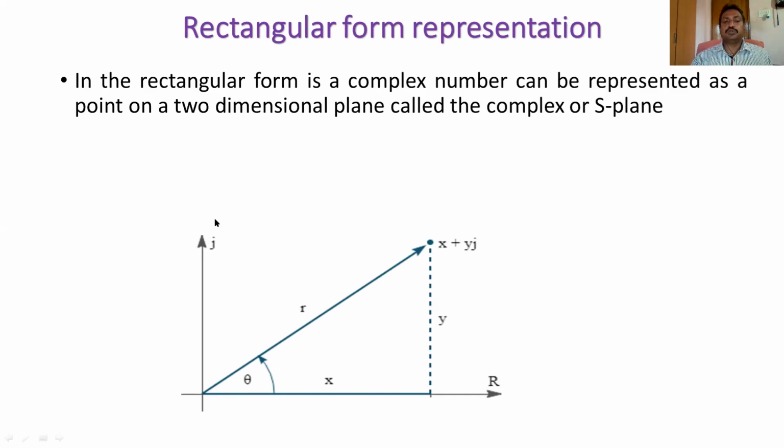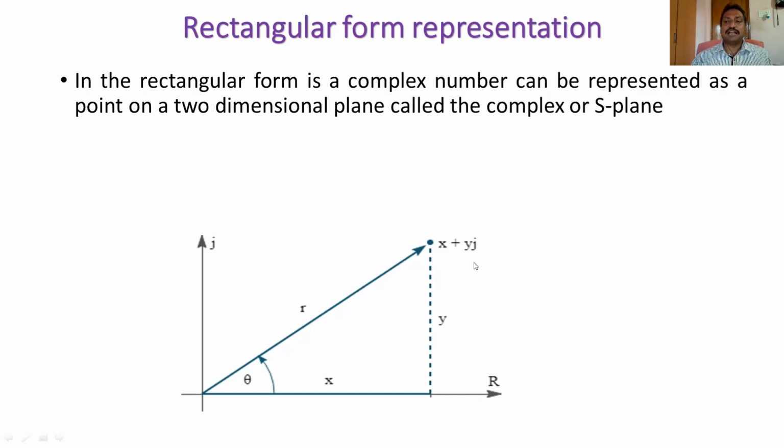Based on this two-dimensional plane, we want to represent a complex number, for example, x and y. X is a real number, y is an imaginary number. So here you see this is the magnitude of x and this is the magnitude of y. This point represents the complex number x plus jy.